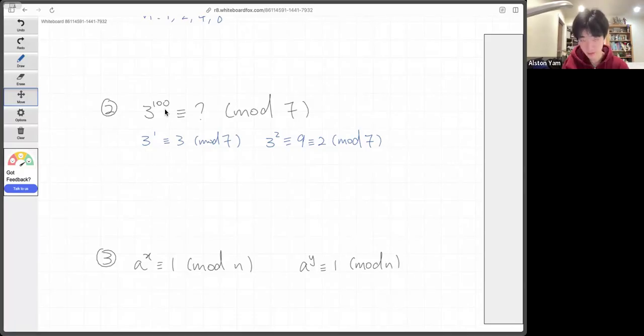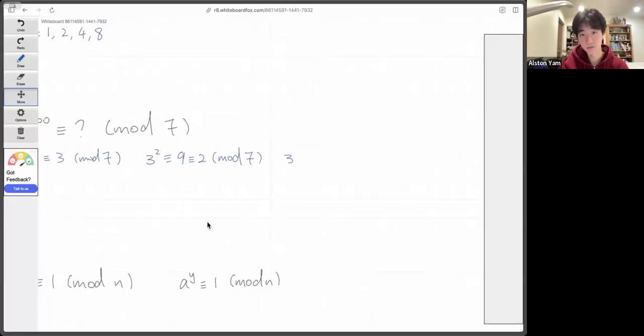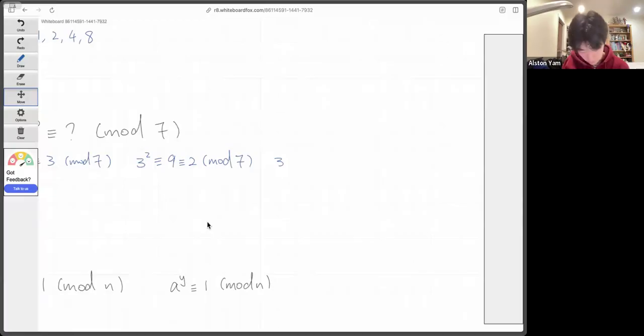If I multiply the left by 3, that becomes 3 to the power of 3, and that will be congruent to 2 times 3, which is 6 mod 7.